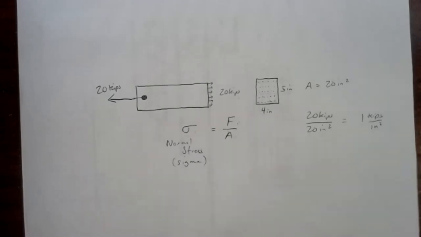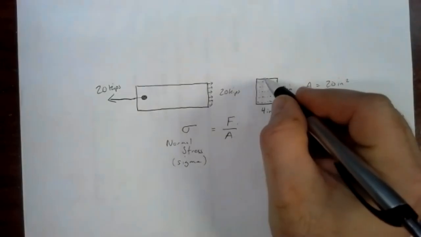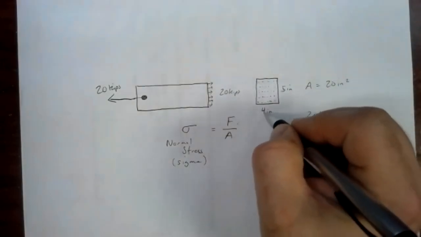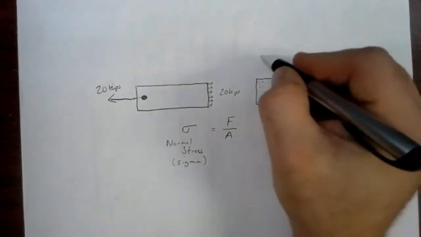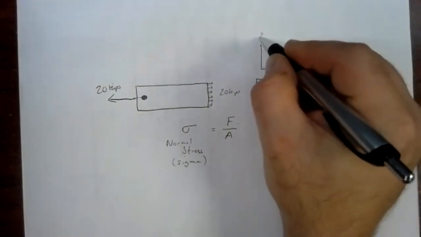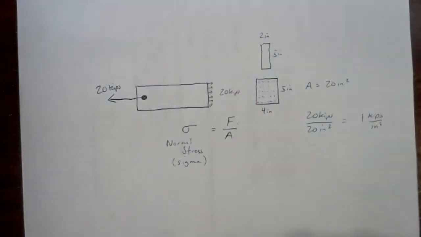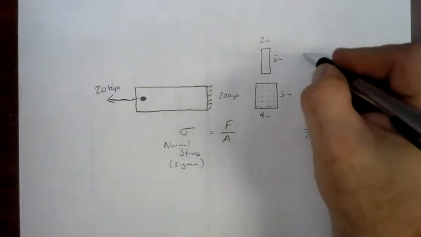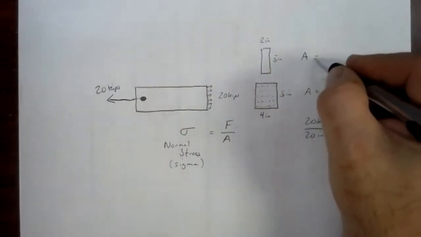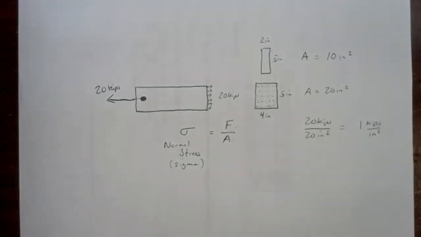If we decided here, for example, to go with a smaller beam, let's say we cut this thing in half, and instead of using 4 inches by 5 inches, we go with an area that is 2 inches by 5 inches. That's going to cut the area in half. The area is 2 times 5. That's going to be 10 square inches.